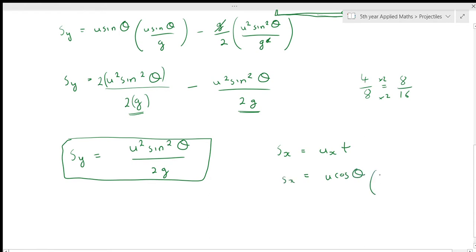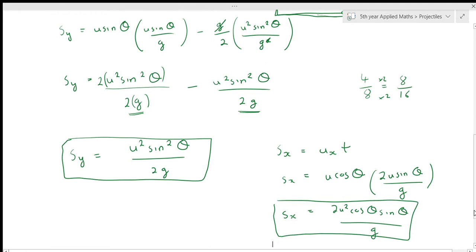And our t is going to be our time 2u sine theta over g. So that's going to give us Sx equals 2u squared cos theta sine theta over g. So there's our expression for Sx.